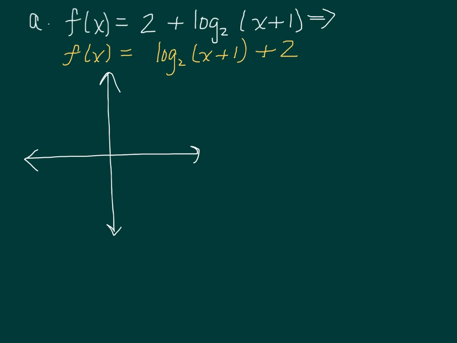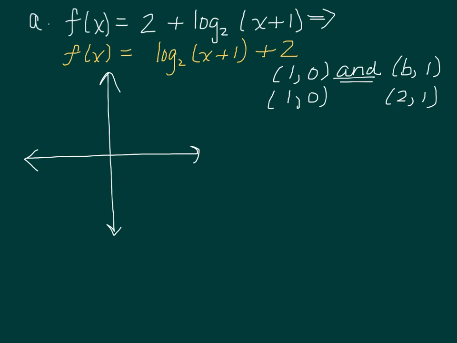Your 2 points, remember, are always 1, 0, and your base and 1. Well, in this case, your base is 2. So we're going to start off graphing those 2 points. Okay? And then we're going to shift them. There's no A. Left 1 and up 2.